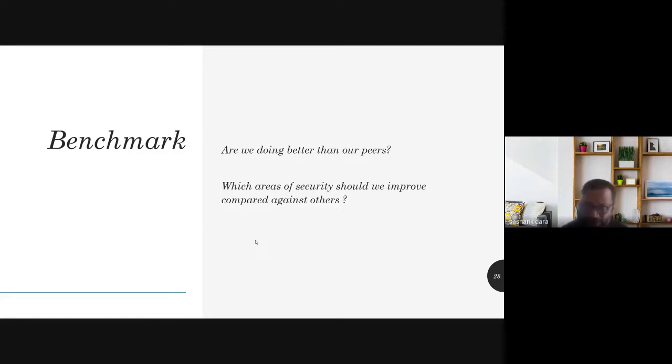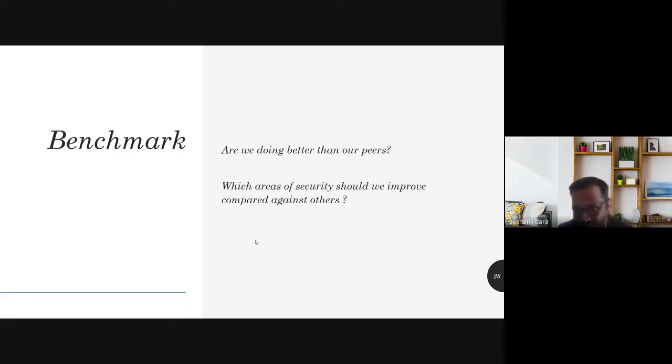Almost every one of them wants this kind of benchmark report, but when it comes to sharing the information, they're not quite ready. I'll take a very simple example, making it up on the fly: what is your average patch compliance rate?